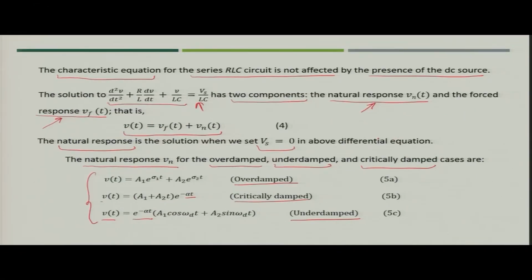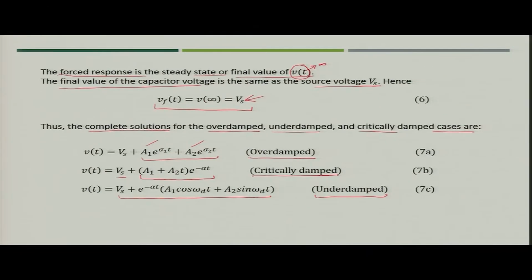So, we can use that value and find out the value of those constants which are unknown in these three equations. So, with this we can close our today's session, where we discussed about the step response of a series RLC circuit. We will continue our discussion in the next class, where we will discuss about the step response in case of parallel RLC circuit. Thank you.